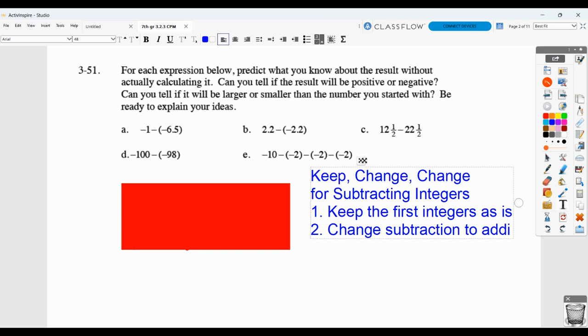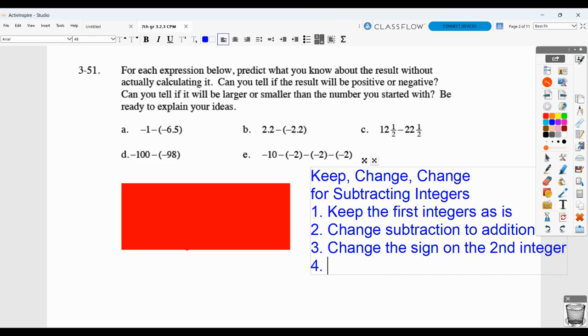That's why it's important that we get good at adding integers, because subtraction will get changed to addition. The third step, which is another change, is change the sign on the second integer. So if it was positive, make it negative. If it was negative, make it positive. And the fourth step is add as usual.